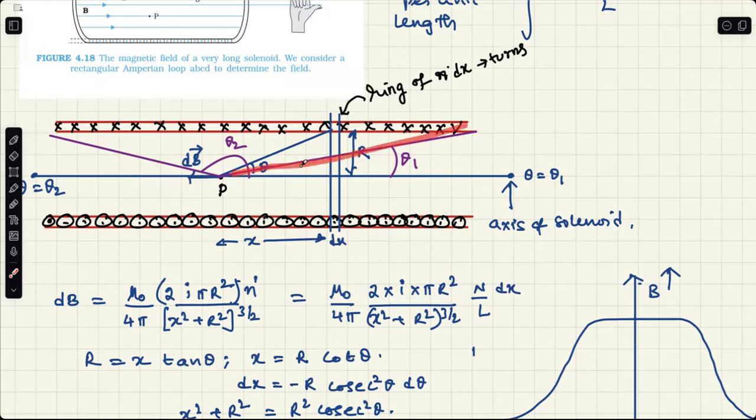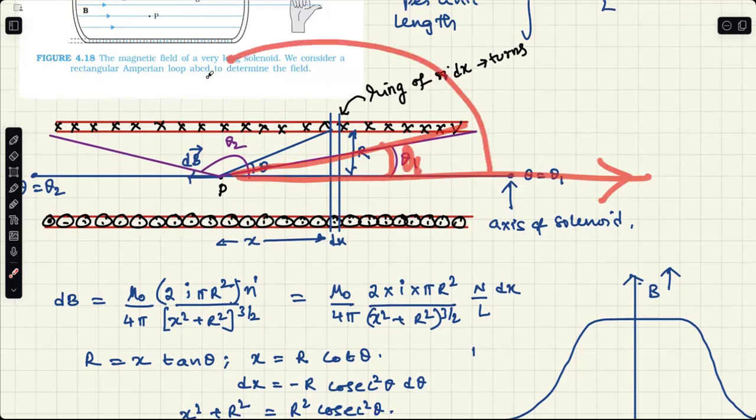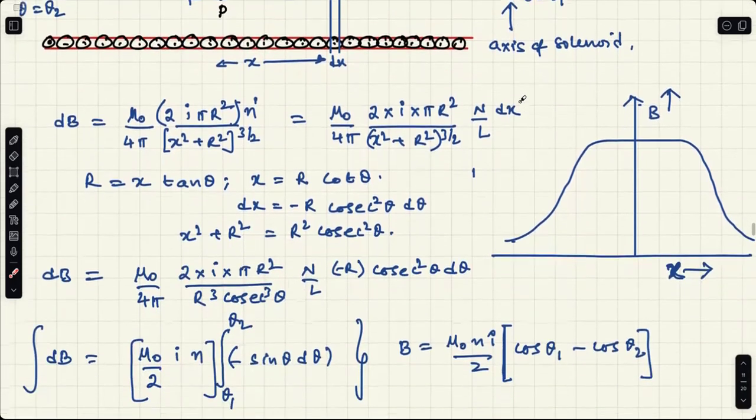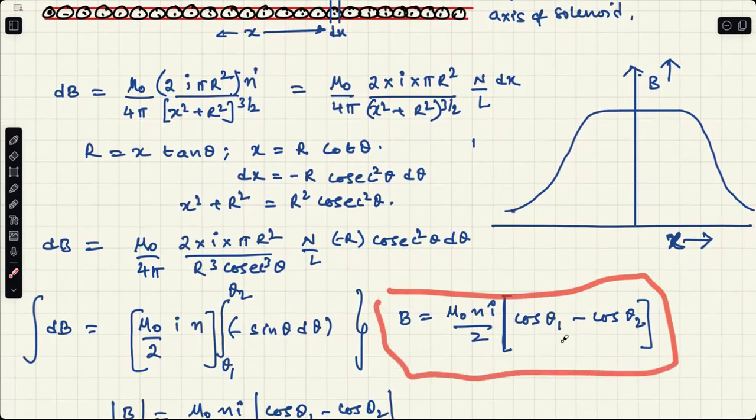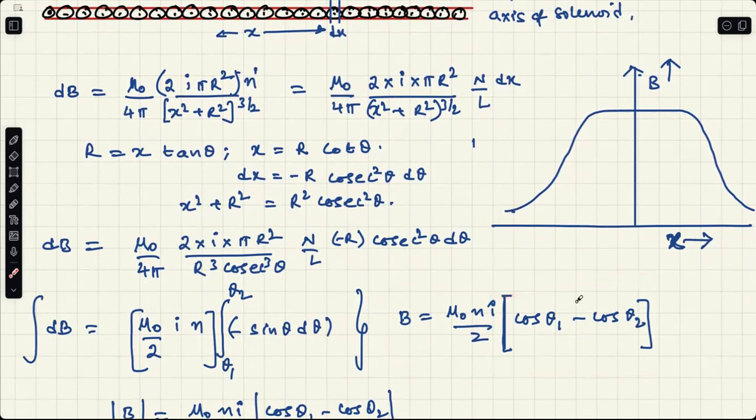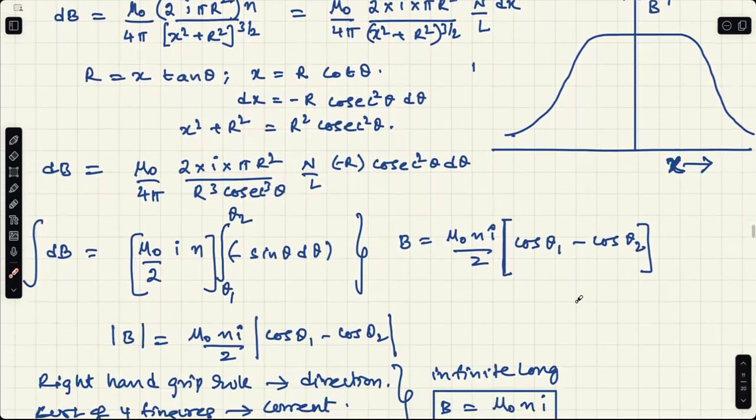When you are taking the reference as this direction, this is theta 1 and this is theta 2. Any doubt till this point? I have substituted that here. You know what I got? Mu naught N I by 2 times cos theta 1 minus cos theta 2. Any doubt till this point?